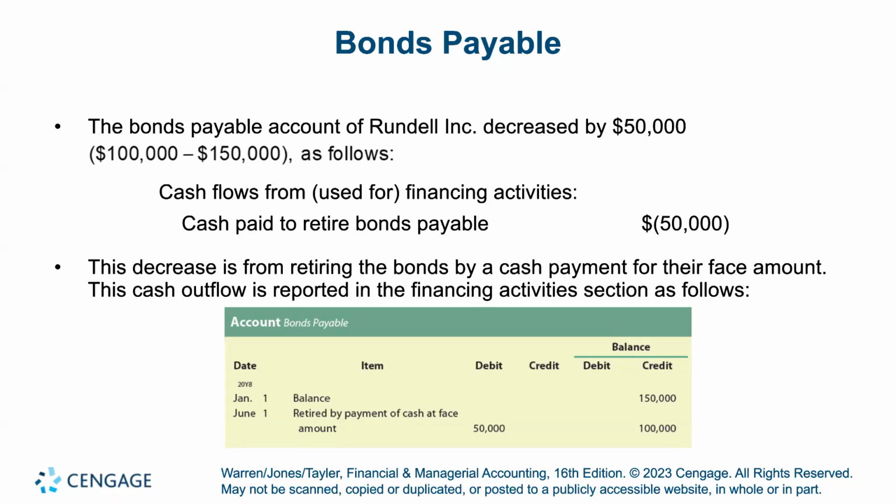Those are all the cash flows from financing activities. So financing just means getting the money you need to run the business. Typically in early stage, we borrow or we issue stock. And in later stages, we often pay off debt or buy back our stock, right?